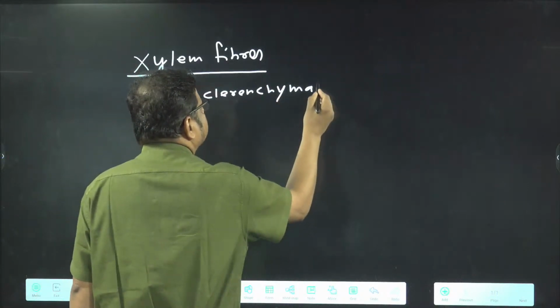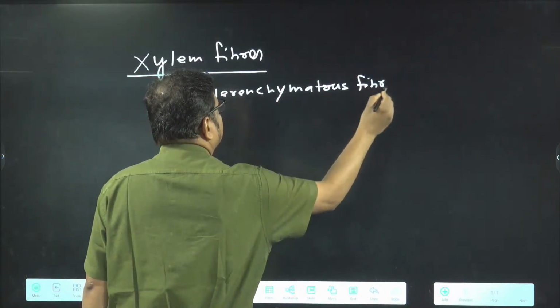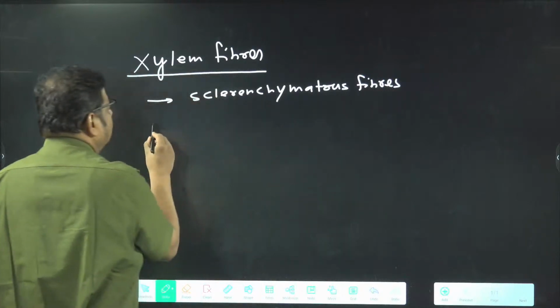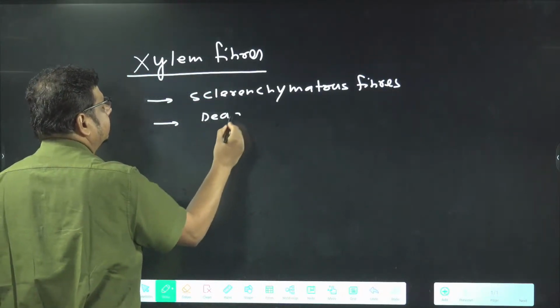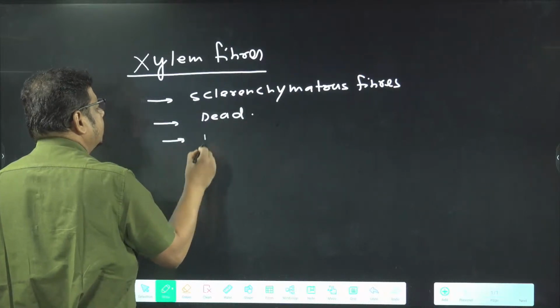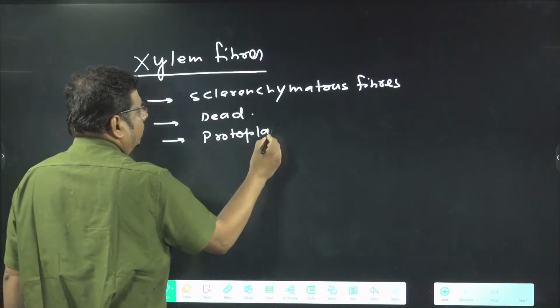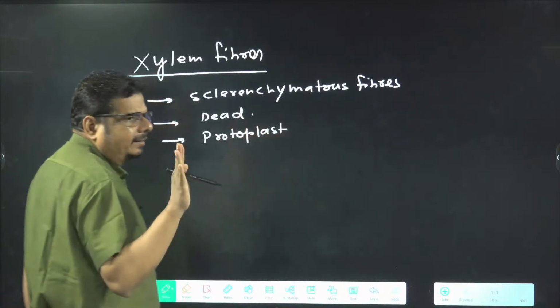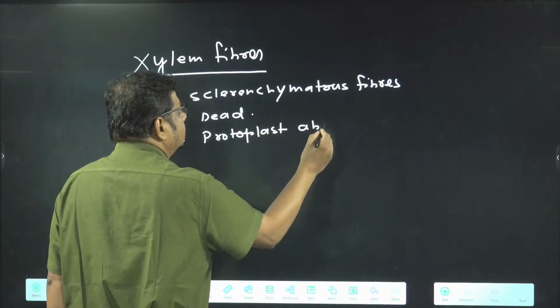So what will you find in the xylem fiber? Living or dead? Of course it is dead. Protoplast absent. Wherever anything is dead, protoplast is not present. Keep in your mind: protoplast absent.